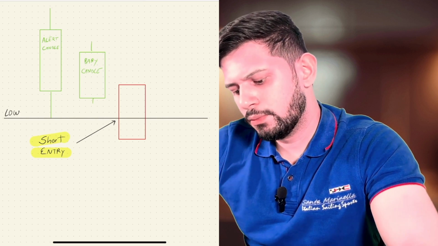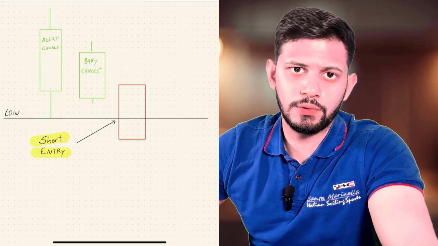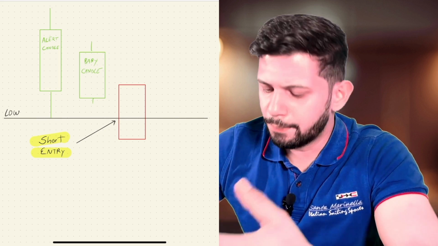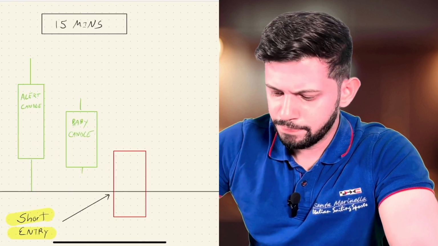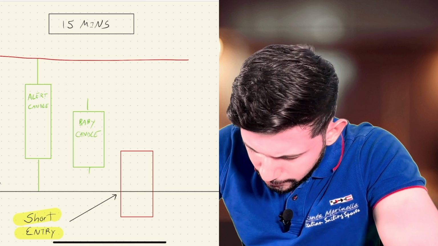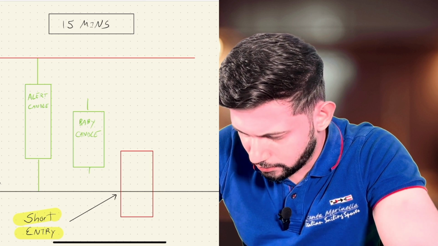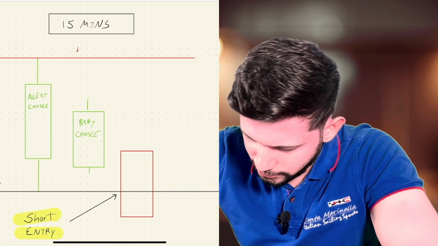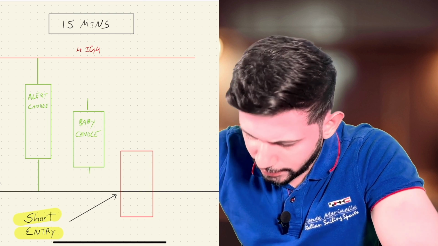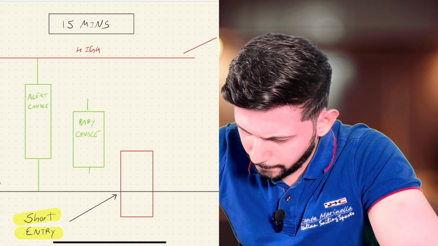So in this case, we would sell a call option, or if you want to do option buying, you can buy a put option, up to you. Once again, the stop loss for this will be the high of this candle. So somewhere here, this is the high and this will be our stop loss.